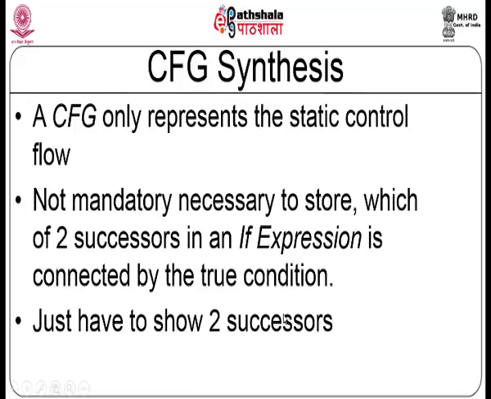You need not show which is the possibility, since you do not know which path will be chosen. All we have to show in the CFG is two nodes as basic blocks with control to both nodes.